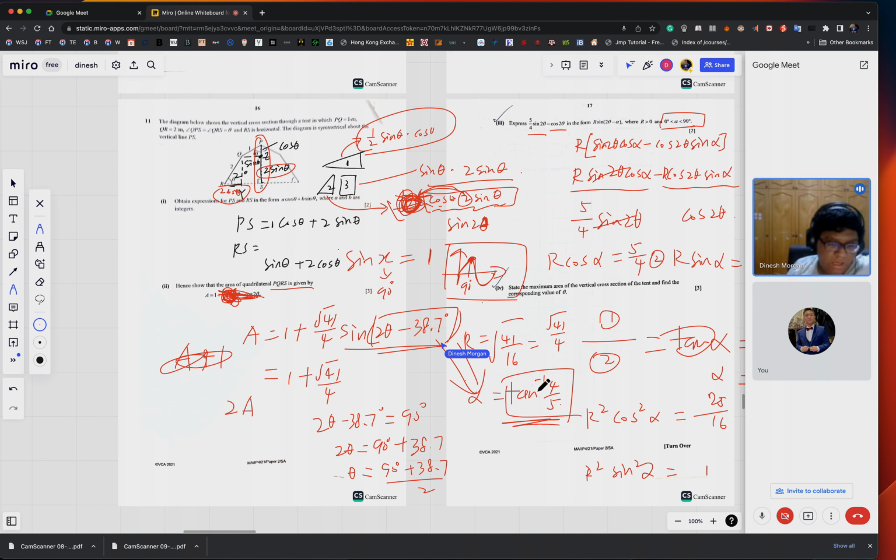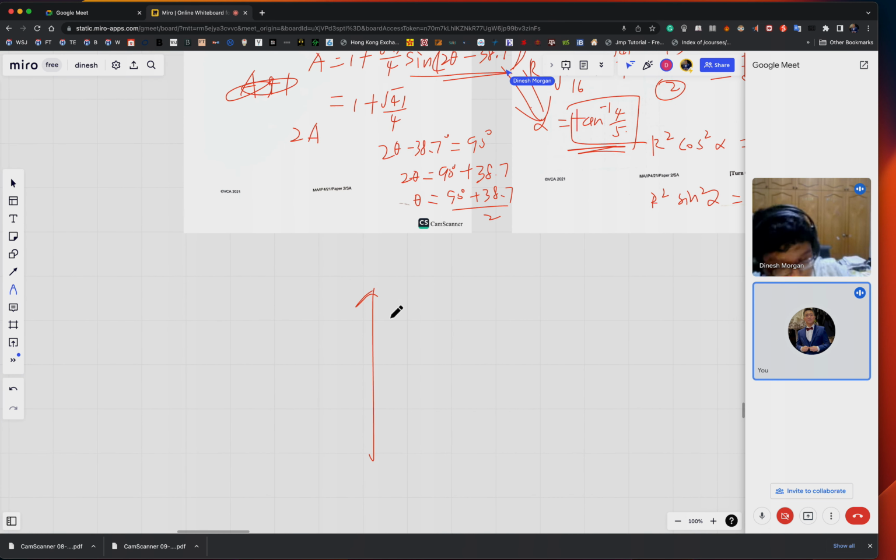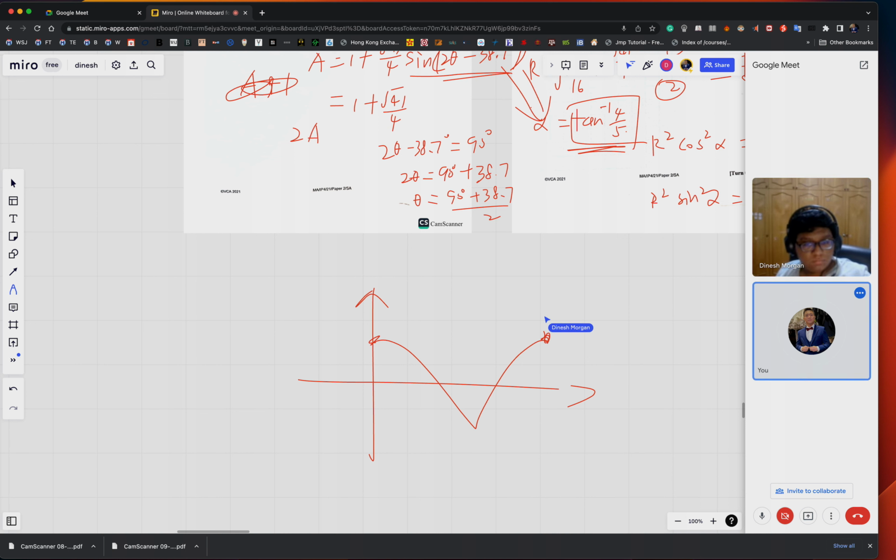Then the cosine x equal to 1 is at what? 0 and 360. You just get the basic curve out, then you know. So always go back to the basic curve, actually. Okay, alright, good.